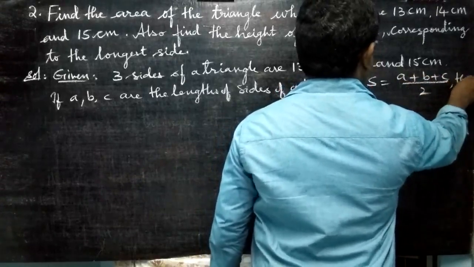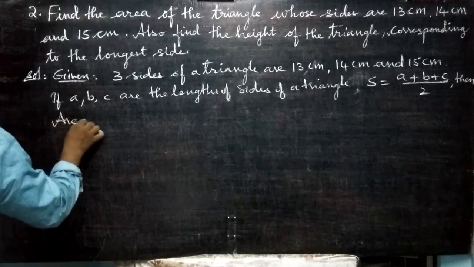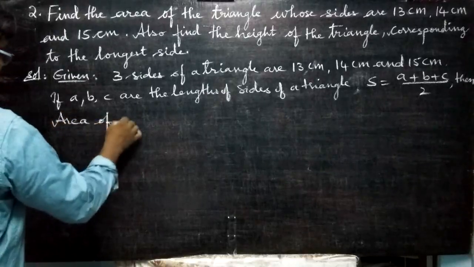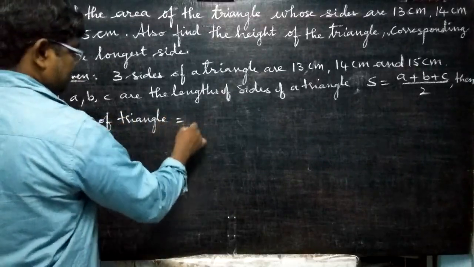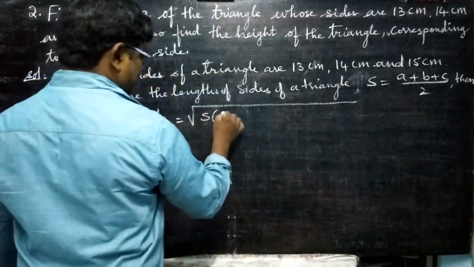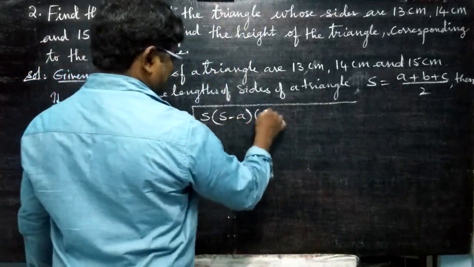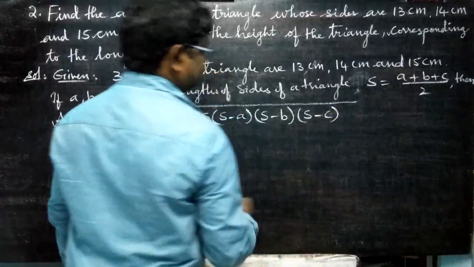Then the area of the triangle is equal to the square root of s into s minus a into s minus b into s minus c.